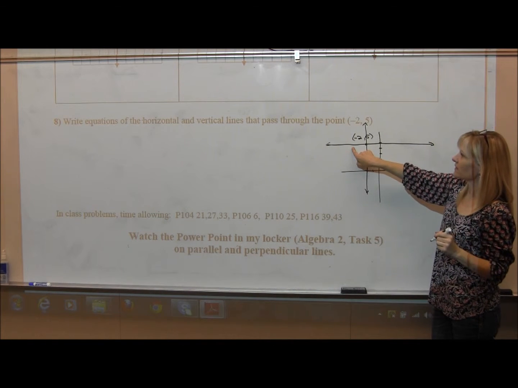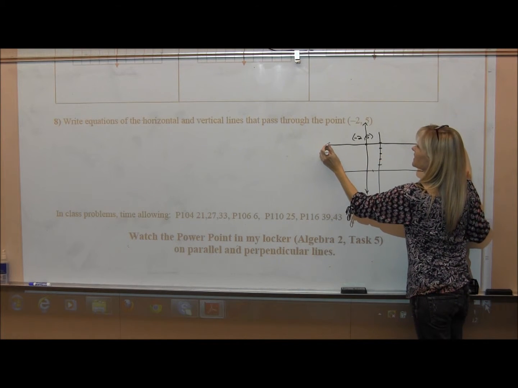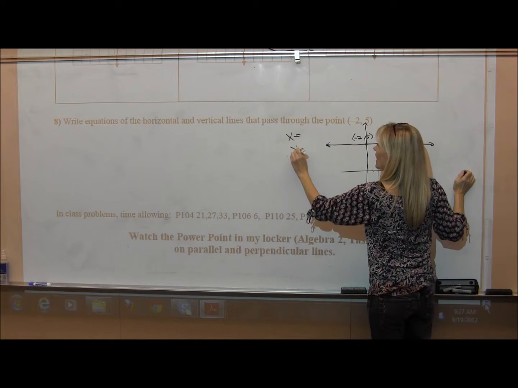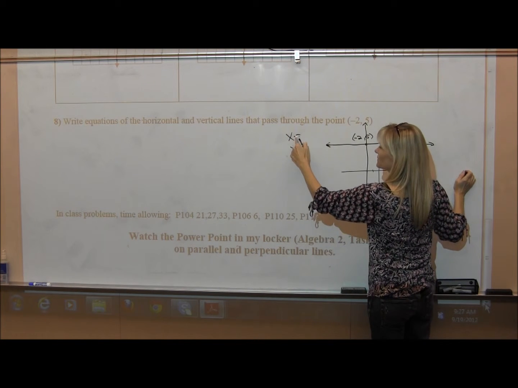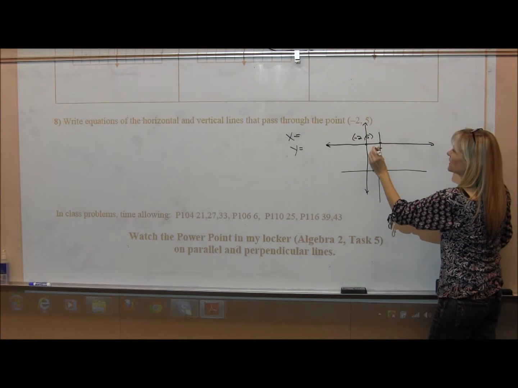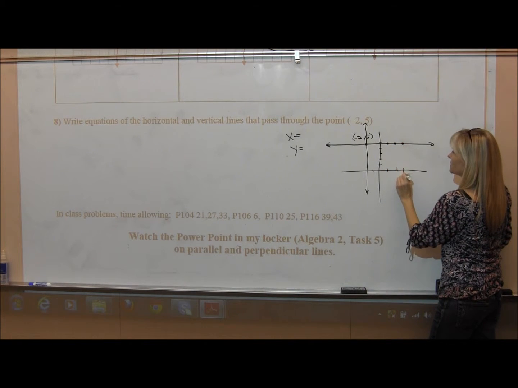Well, a very easy way to see that, because it's very easy to get mixed up and forget if it's x equals something or y equals something. These are your two equations for horizontal and vertical lines. Plot 3 points. Do 1, 2, and 3. Here's x equals 1, 2, and 3.